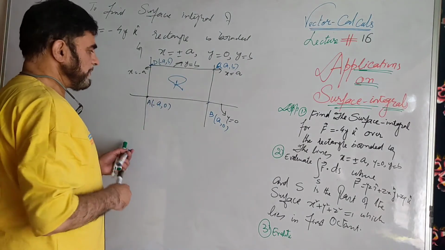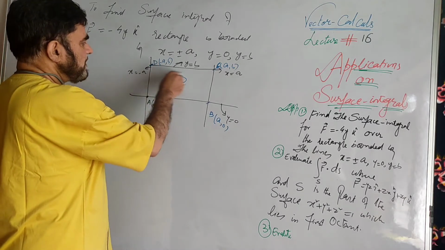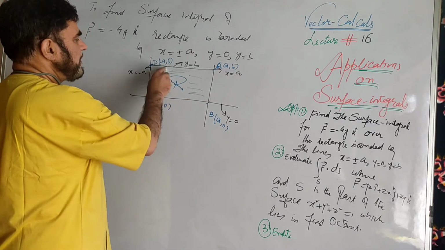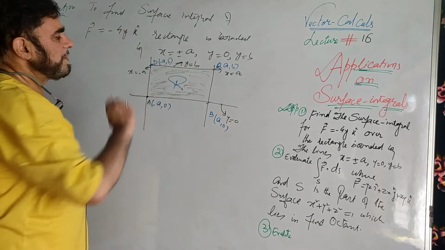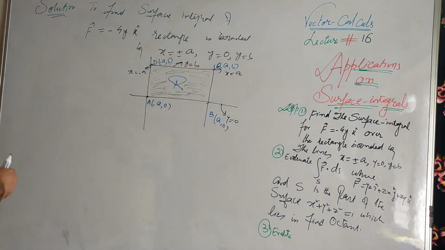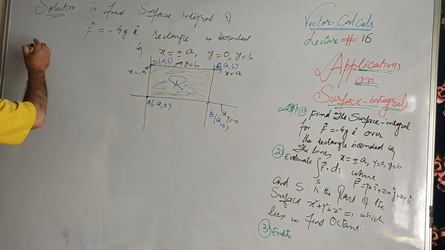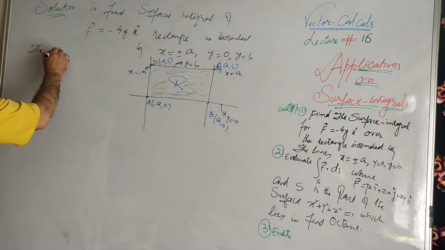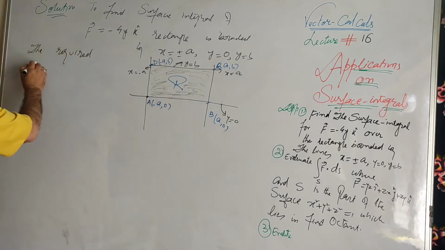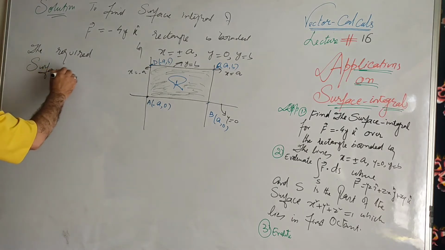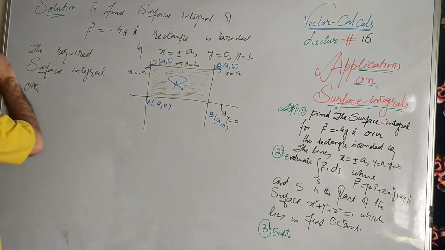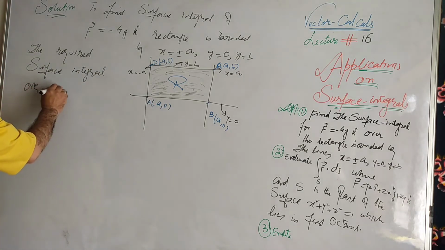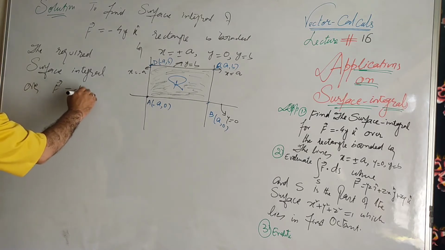We want to find our surface integral over this region, and it is obvious that this region lies in the xy plane, because you directly observe that here you have involvement of x and y. We write the required surface integral over f equal to minus 4y k.